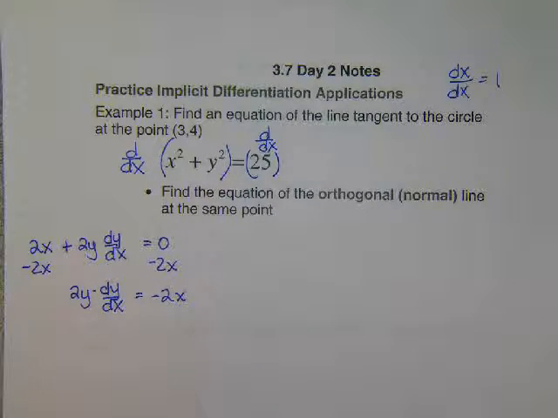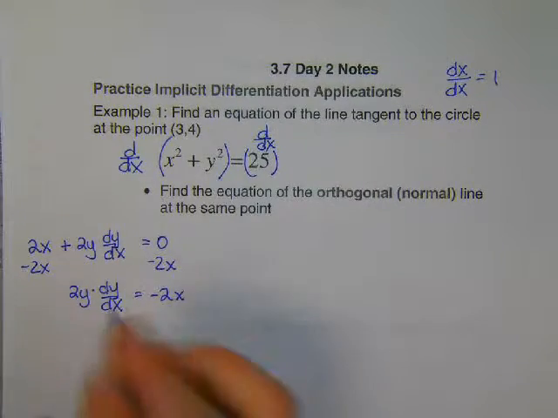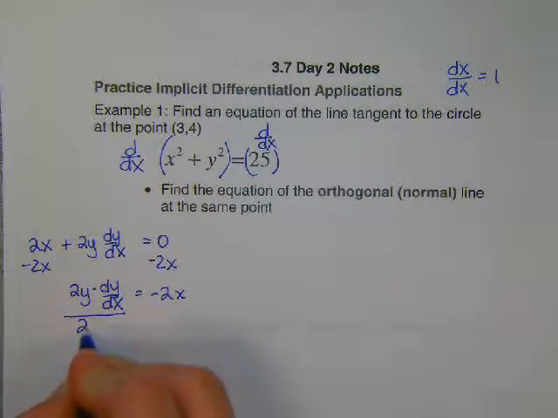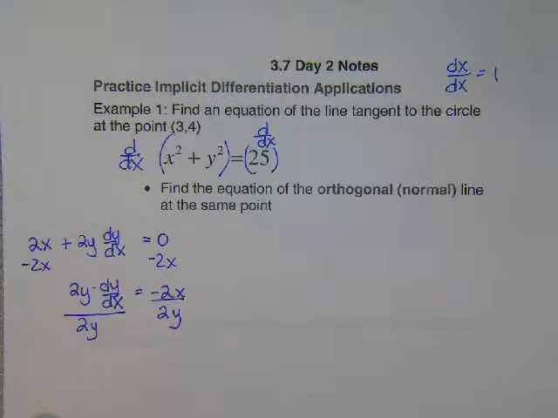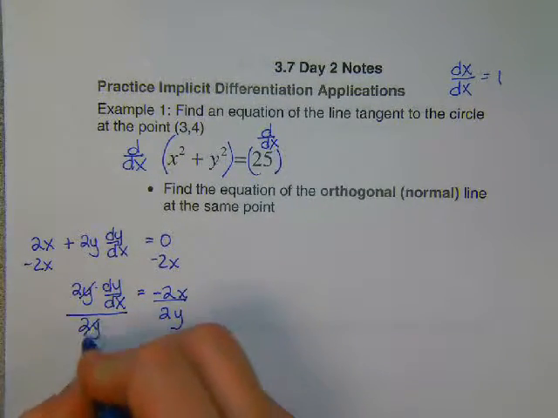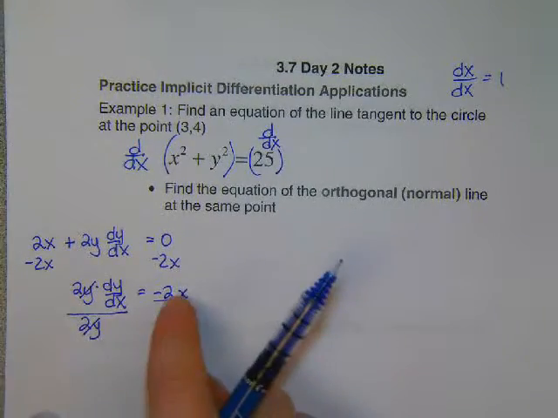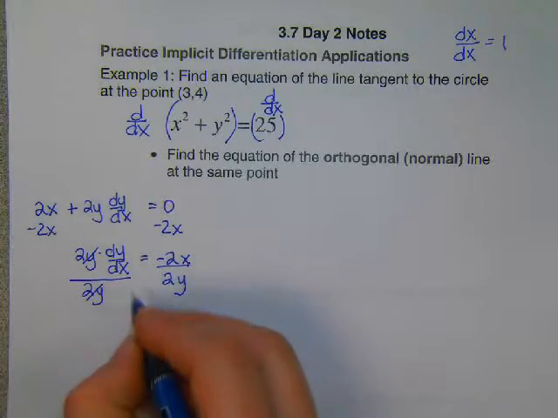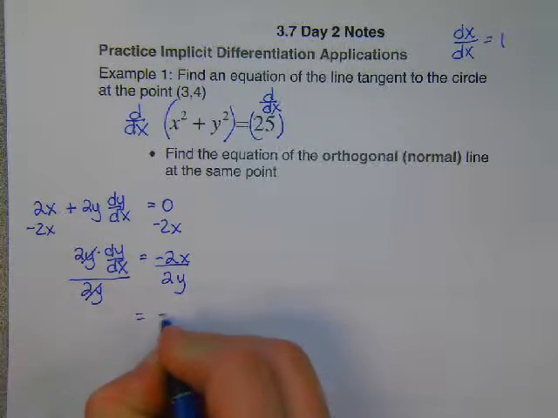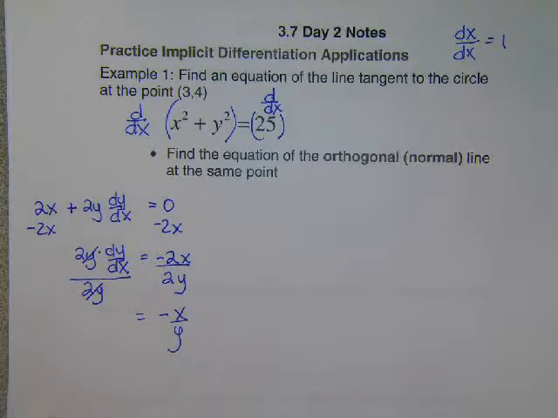I'm going to divide both sides by 2y. So here, those 2y's will cancel. Over here, negative 2 divided by a positive 2 is a negative 1. So we'll be left with negative x over y on the right side equals dy dx.